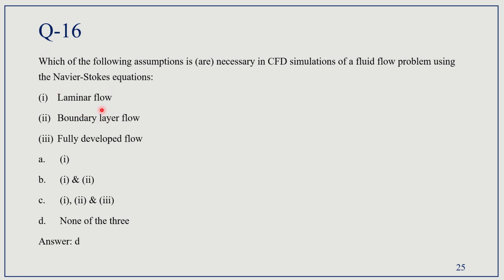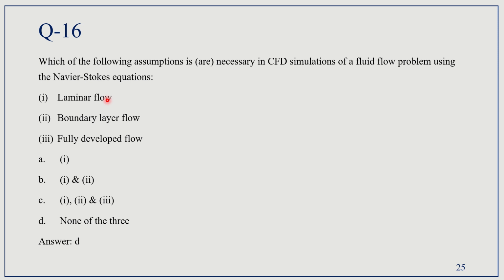And boundary layer flow would involve assuming that a boundary layer exists, with a certain percentage of some variable reached. That assumption is again not required, because here we are saying that if a particular variable has reached certain values, some assumptions would apply.